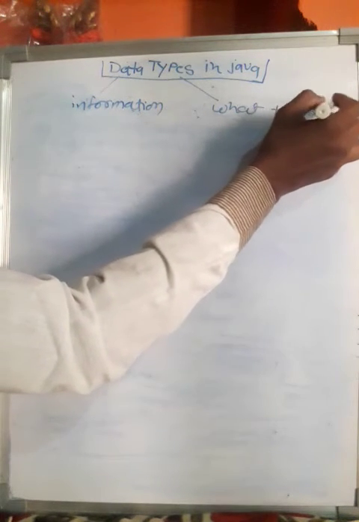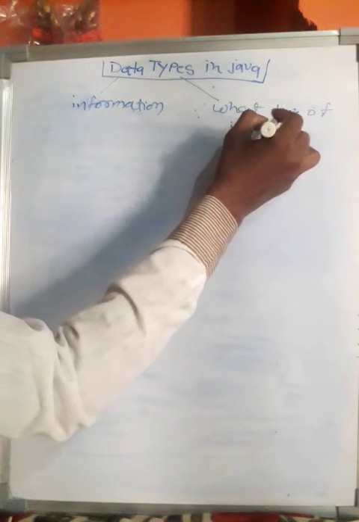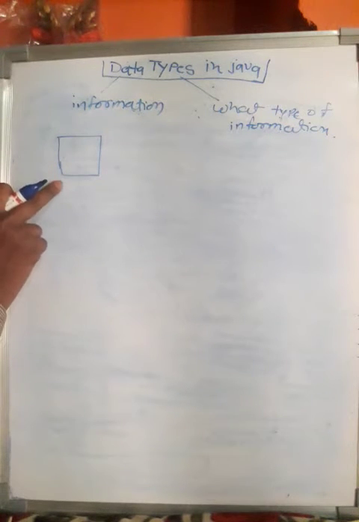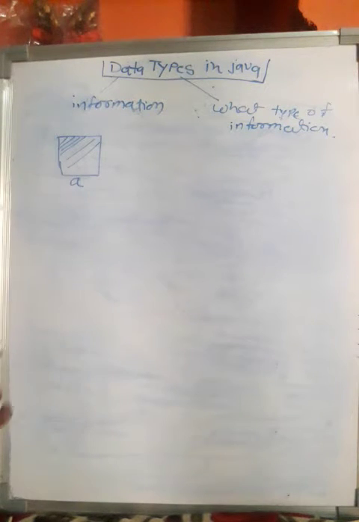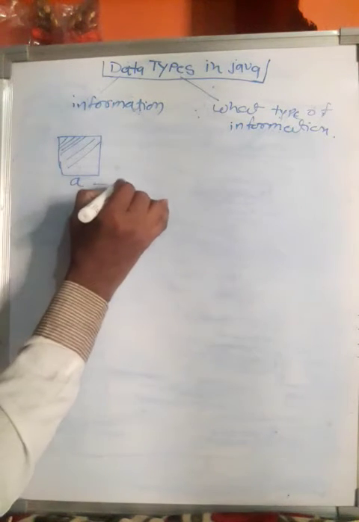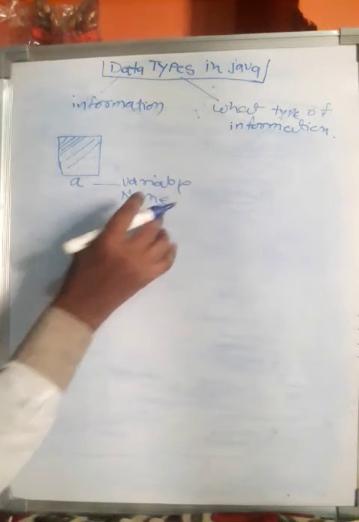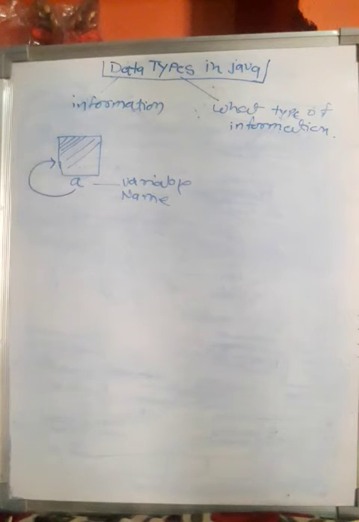For example, this is a memory location which we have earlier reserved. This is the memory space, and this is the variable name. A is the variable name given to this space.